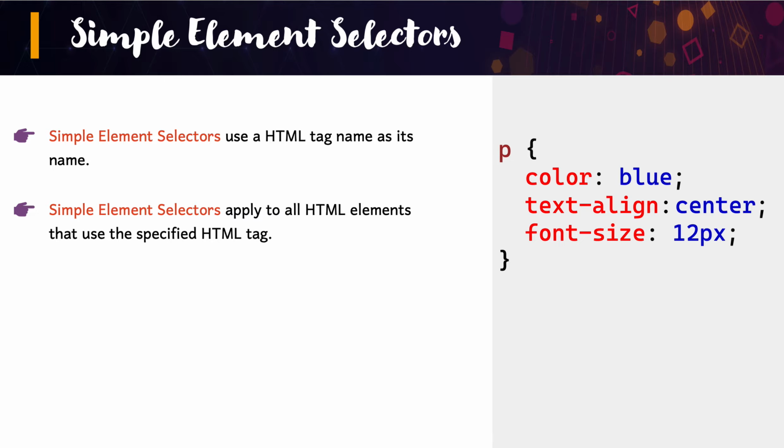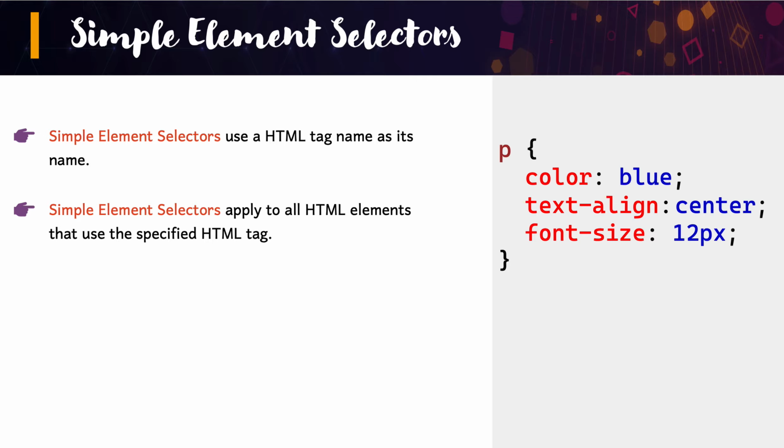Now where does this apply? So we said a selector is for identifying or selecting the HTML elements to apply the style. The answer is, because we are using the HTML tag name as a selector name, all the HTML elements that are using the specified HTML tag are selected for applying the style.